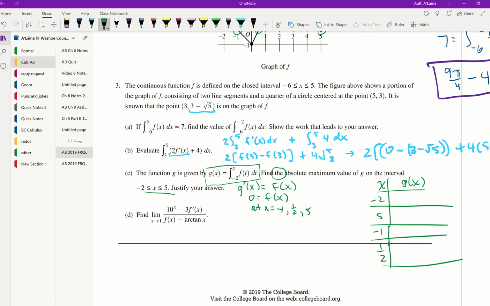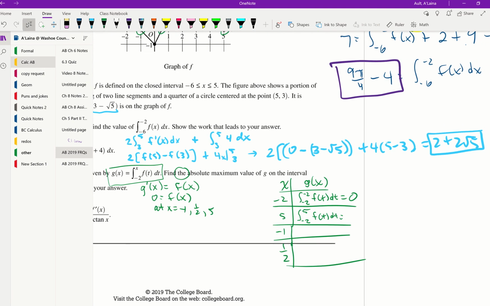Well, since g can be found by doing the definite integral from -2 to the x value, which in this case is -2 of f, that's what I will use to calculate this out. We have a property that says that would equal 0. And then if I did the definite integral from -2 to 5 of f of t dt, I think we already did that earlier.